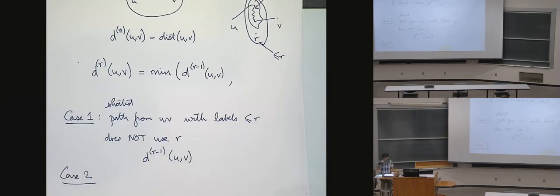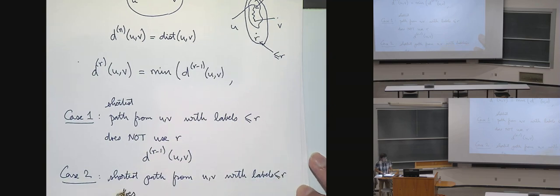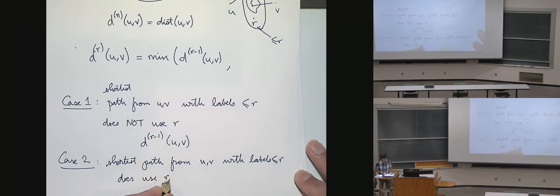Case 2 is that the shortest path from u to v with labels at most r does use r. So what this means is that u is going to go to r, is going to go to v.